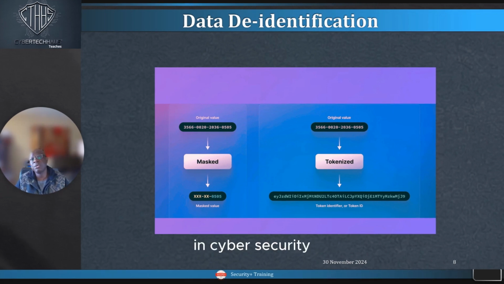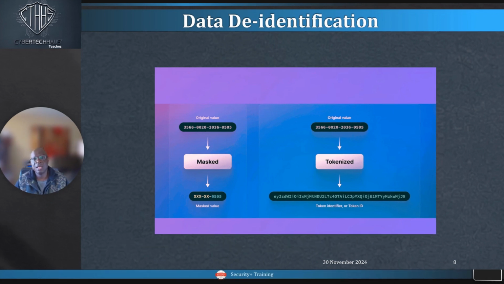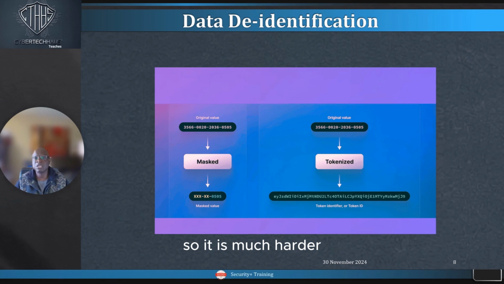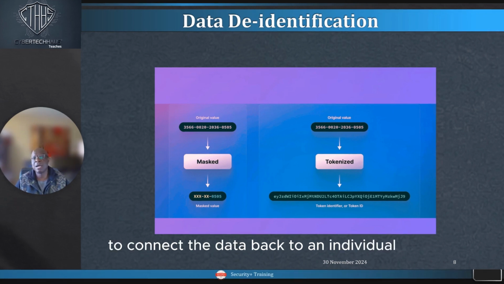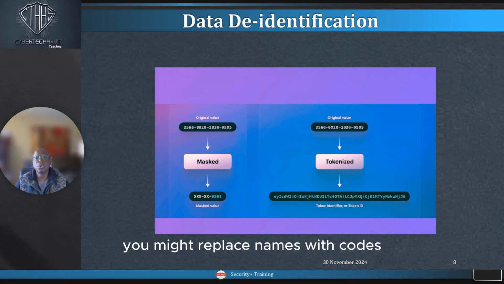In cybersecurity, this means taking out obvious identifiers like names or ID numbers, and sometimes even more subtle details. So it is much harder to connect the data back to an individual. For example, you might replace names with codes or remove exact birth dates.